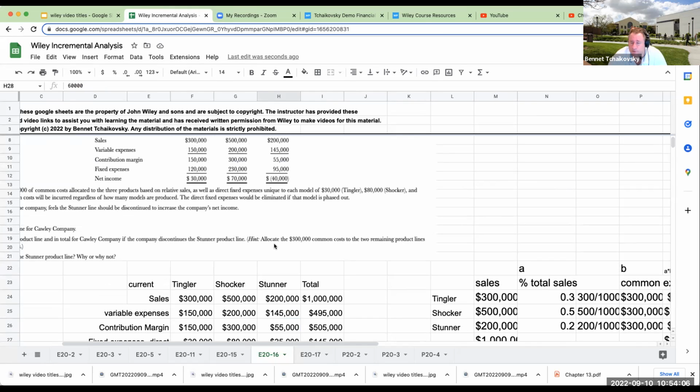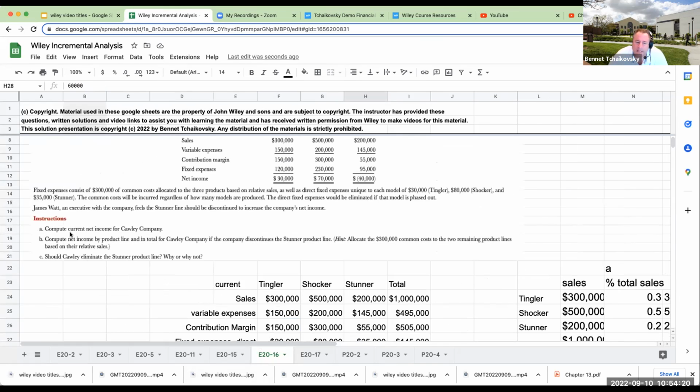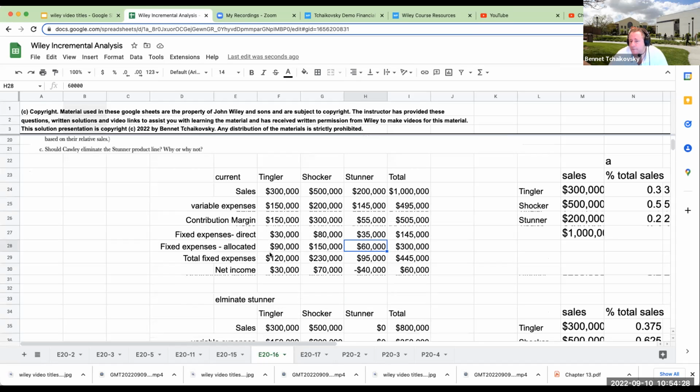Also remember too, companies like Amazon may intentionally lose money. Why? It's about market share. They're okay with losing money for a period of time in order to break into a business. So net income, if we discontinue the product line, and then should they eliminate it? The answer would probably be no.